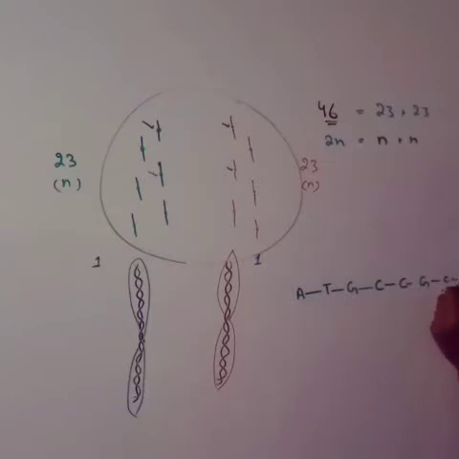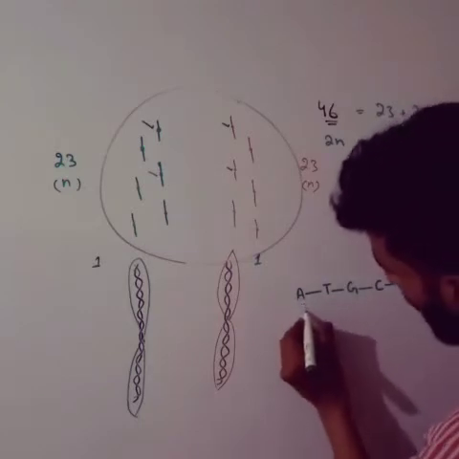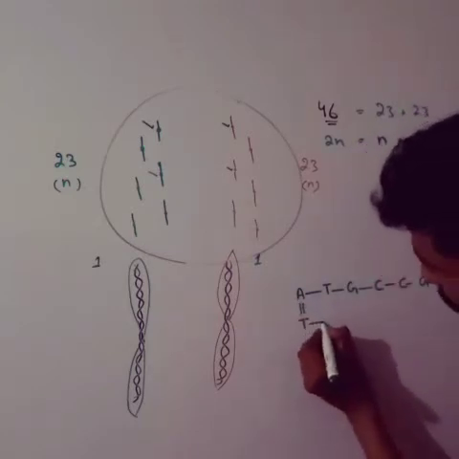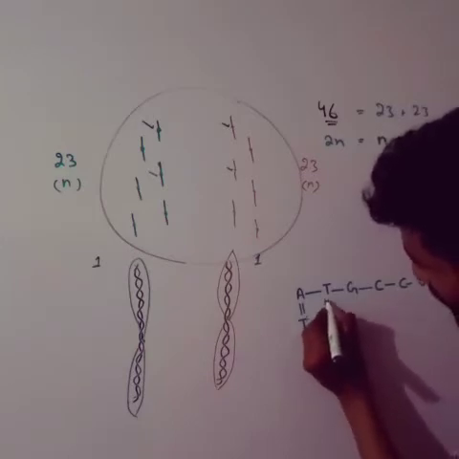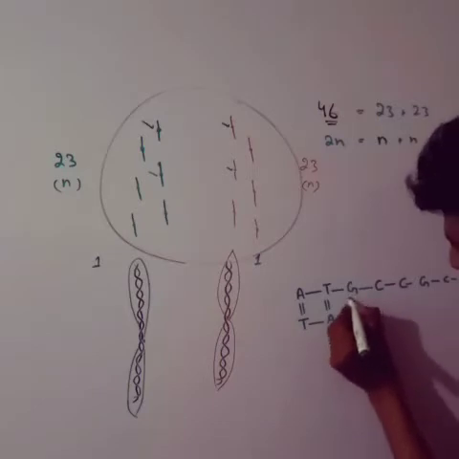for example again C, again A, and similarly in the complementary strand, against A there will be thymidine and a double bond will be formed. Against T there will be adenosine, double bond. Against G there will be cytidine, triple bond.